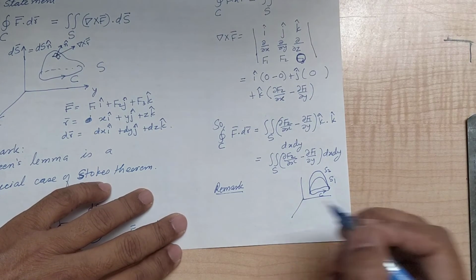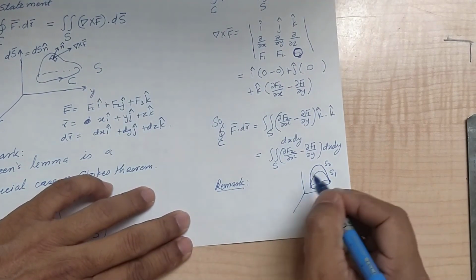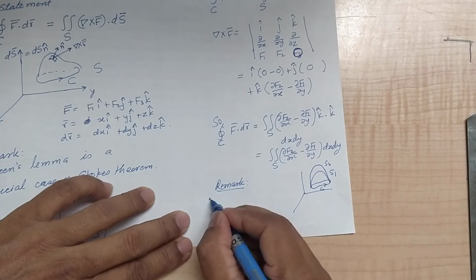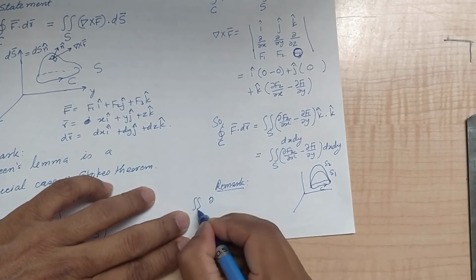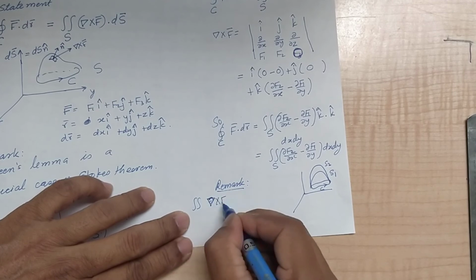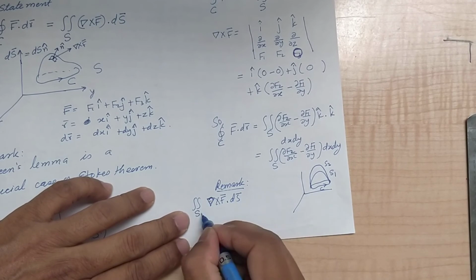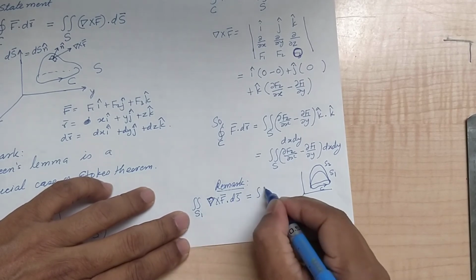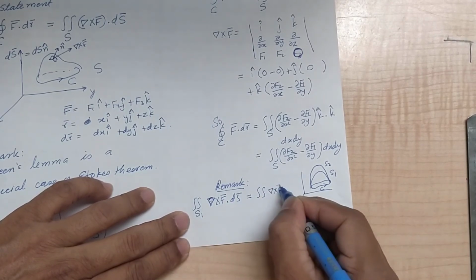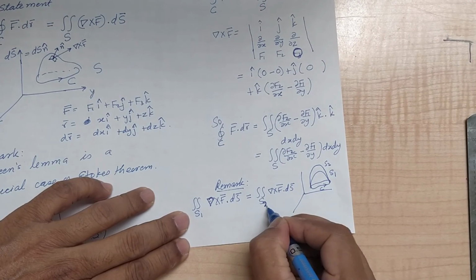Okay. Then from Stokes theorem, it becomes clear that the integral of the curl del cross F bar dot ds bar over the surface S1 is equal to the curl dot ds bar over the surface S2.